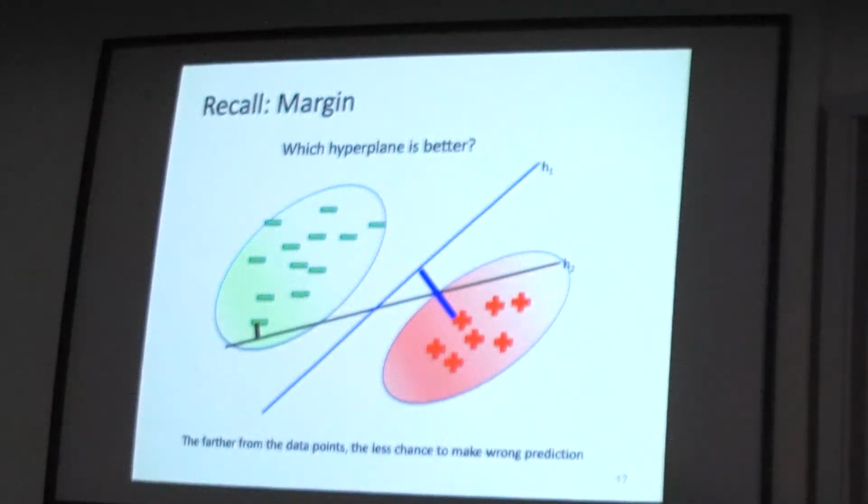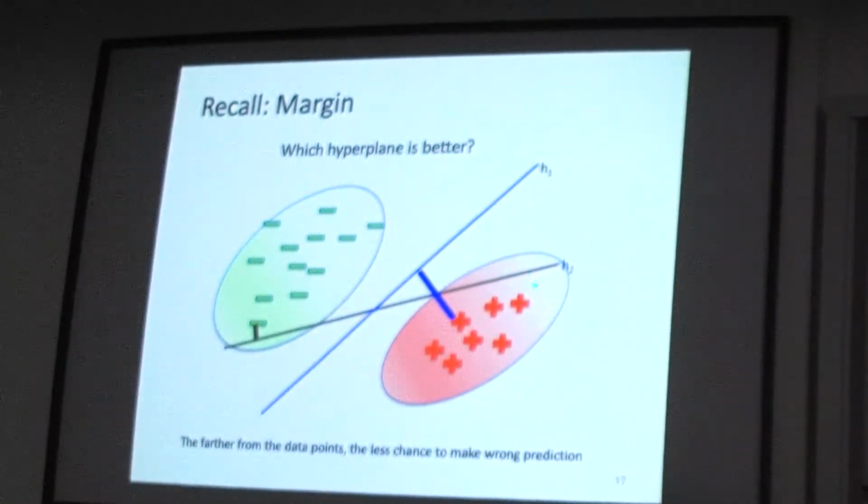The consequence is that H2 is likely to meet some new examples on both sides of its boundary, right? So if a new example, which is positive, appears here, then H2 will make a wrong prediction. Similarly, if a negative example appears on the other side of the boundary here, H2 will make a wrong prediction.